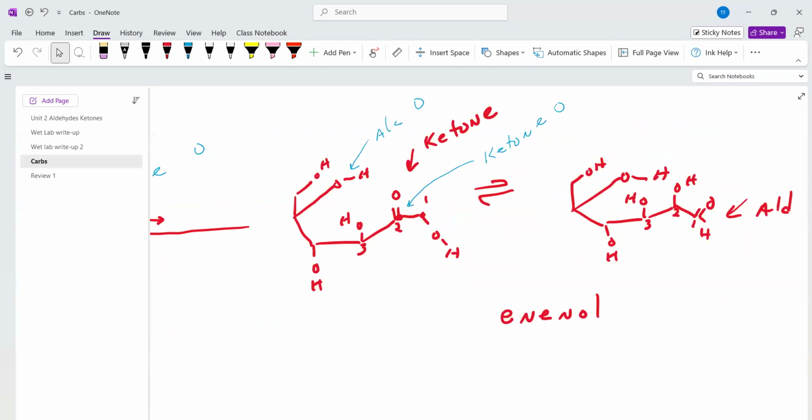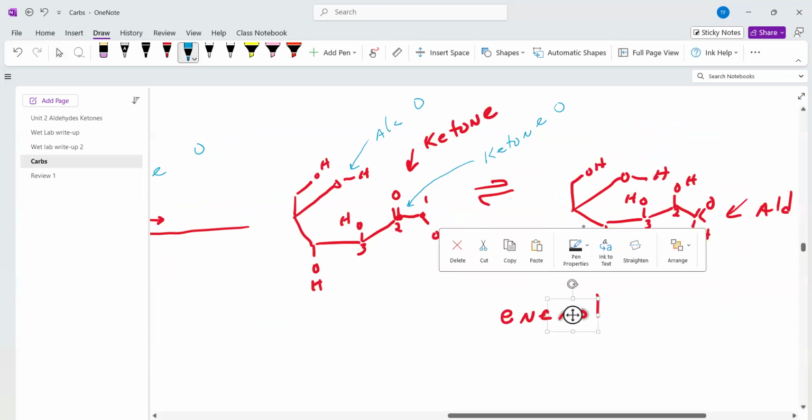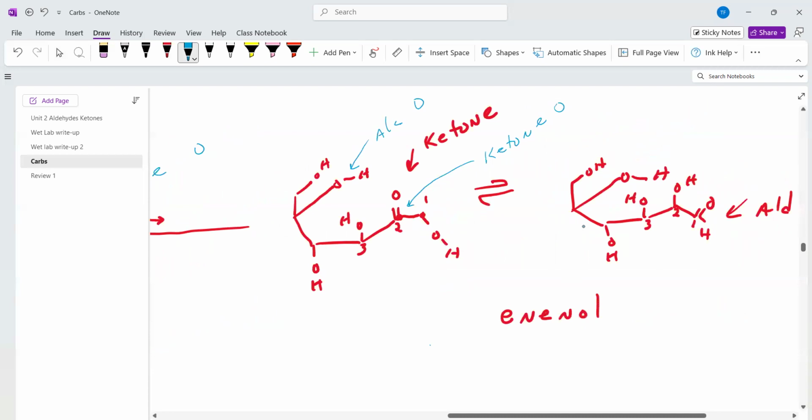It goes through something called an enol. You do not have to know this. I'm just saying why a ketose like fructose can give a positive Benedict's test.